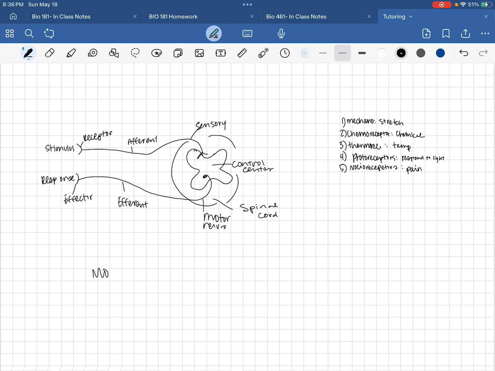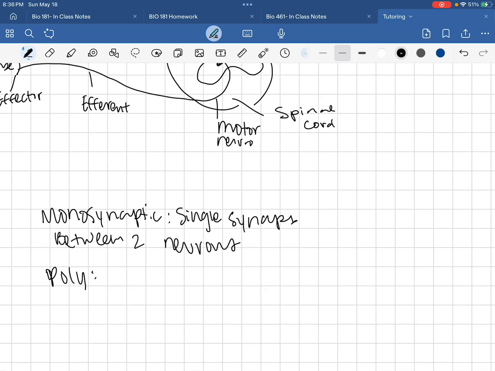That would be monosynaptic. So again, monosynaptic is simple reflexes involving a single synapse between two neurons. And then polysynaptic would be when we have two or more synapses.